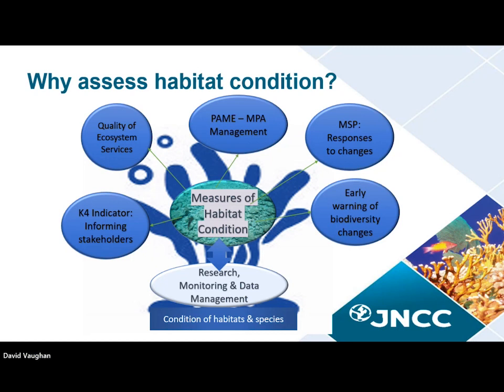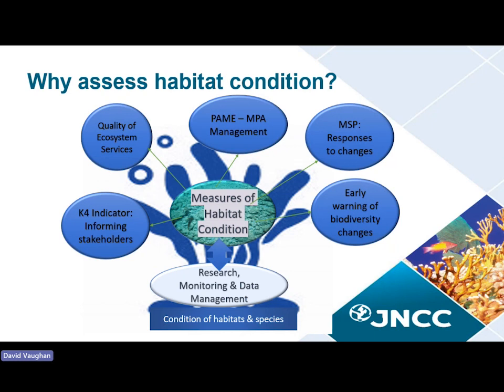The way you can evolve on that is looking at MSP, Marine Spatial Planning, because that is quite dependent on regular review of condition, and that's particularly true of looking at management effectiveness in a protected area. It looks at a number of different factors, but one of those is the condition of the habitat.